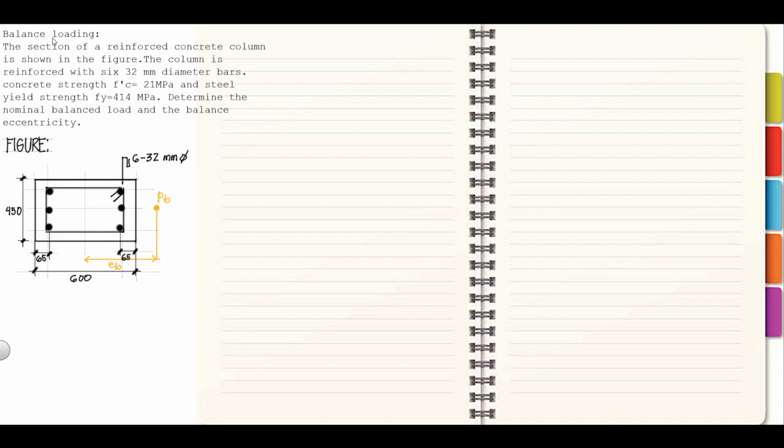So it is similar to the balance design for the beam. I will discuss this while we're solving the problem. The example here, as you can see.